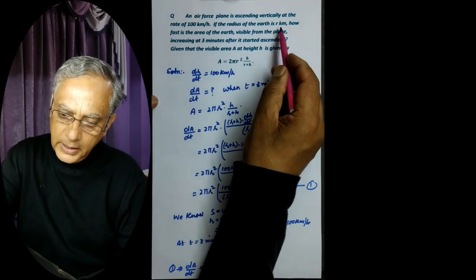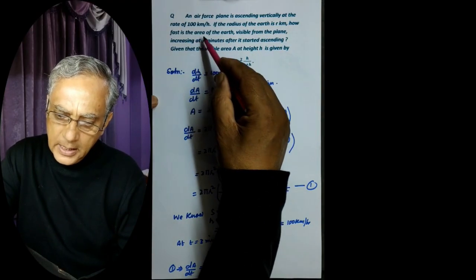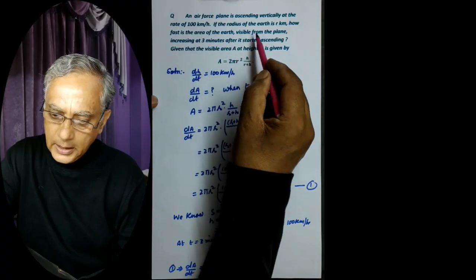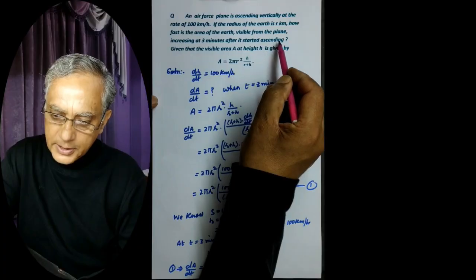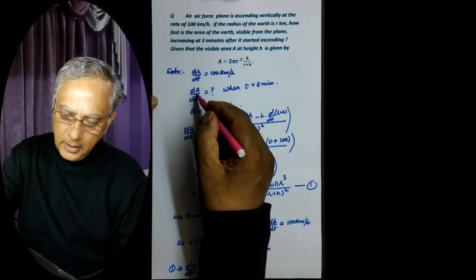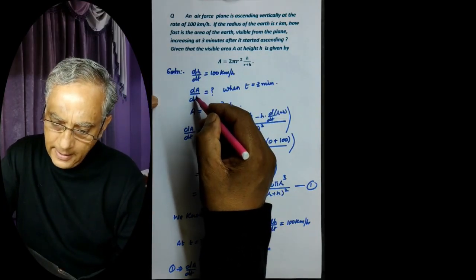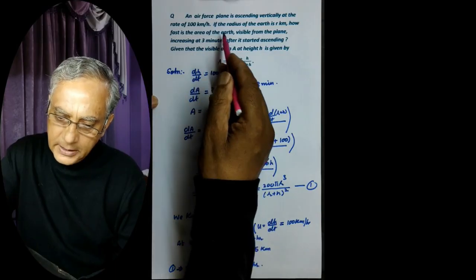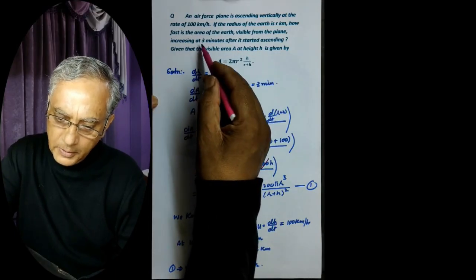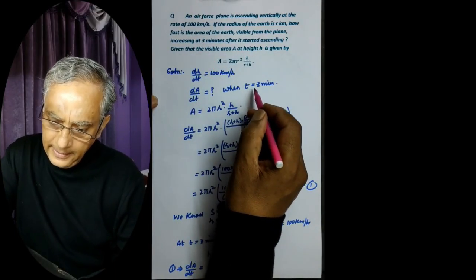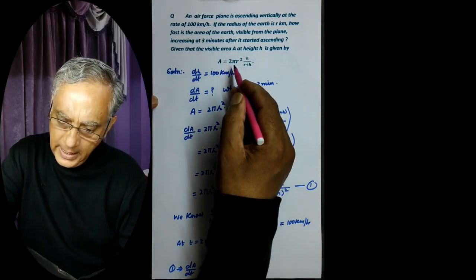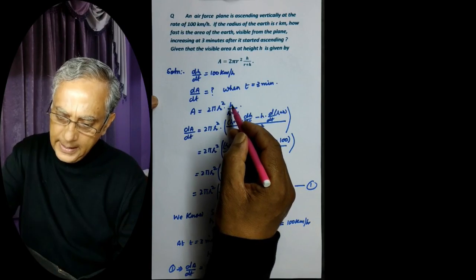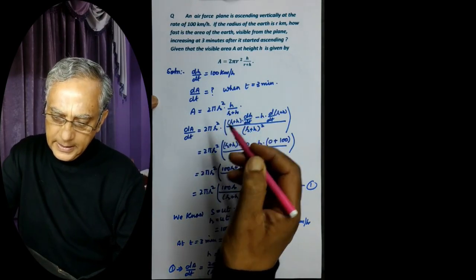If the radius of the earth is r kilometers, how fast is the area of the earth visible from the plane increasing at 3 minutes after it starts ascending? Now we have to find dA by dt at t equal to 3 minutes. And we are given A is 2 pi r square h by r plus h.